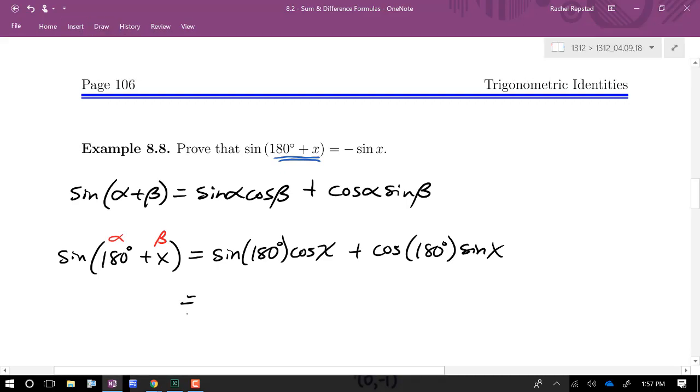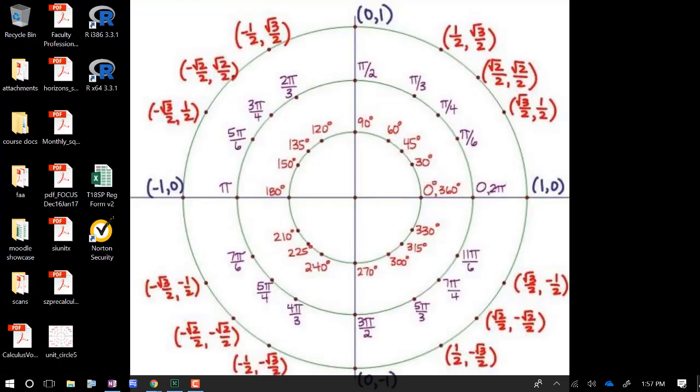Now the rest of this, we're almost done. We just have to plug in some values. We just have to figure out what sine of 180 and cosine of 180 are, for which we don't really need a calculator. 180 is over on the very left here, right? So what is sine of 180? 0.